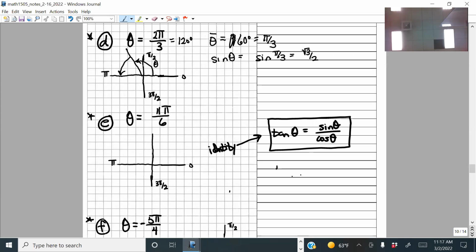Yes. Because sine and cosine are always... Yeah, I'm very correct. You don't have to, but it's helpful. It's really going to be helpful if you're not dealing with special cases.